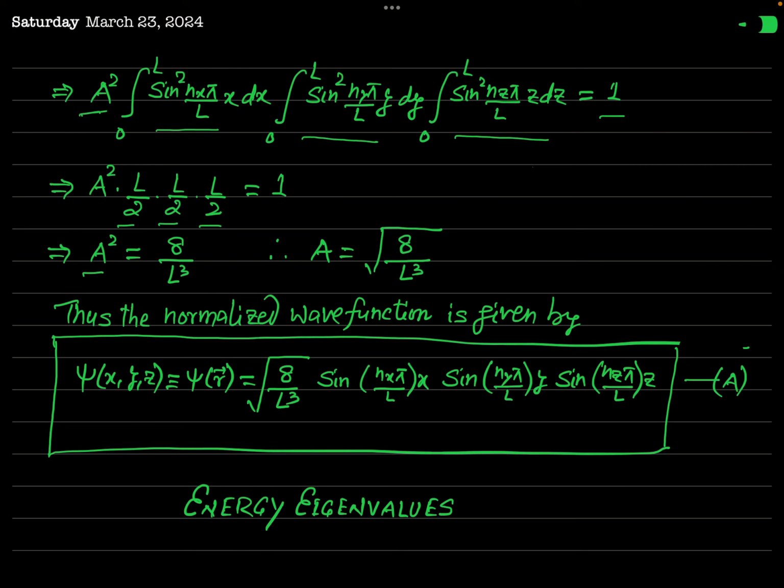So A squared is equal to 8 over L cube, and that's why A will be equal to the square root of 8 over L cube. Here L cube is equal to tau, which is the volume of the box. At the place of this L cube you may write tau, the volume of the box. In this way we have calculated the value of this normalization factor.